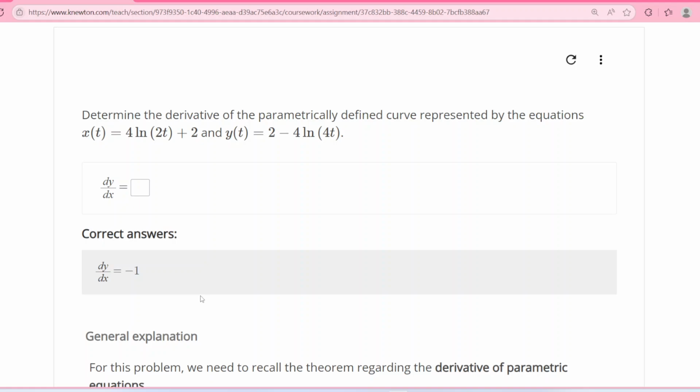And if you are working as a student in a Knewton Alta program, once you've entered an answer and submitted it, it'll tell you if you're correct or incorrect, and then give you some sort of explanation afterwards as to why the answer is what it is. I would highly recommend reading through those explanations just to make sure you understand why it's right, why you're wrong, and hopefully you can grasp the material and work on future problems.